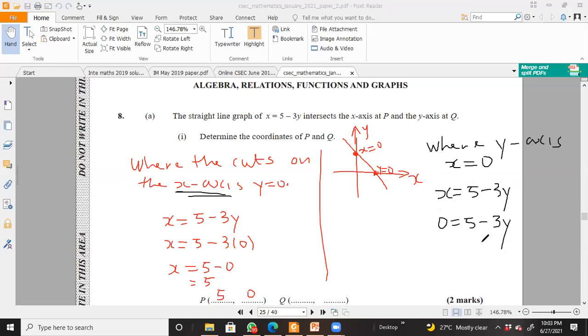Now remember that you want to find y, so move the 5 to this side. So it'll be 0 minus 5 is equal to negative 3y. So I'm going to get negative 5 divided by negative 3 is equal to y. All right, then we work that out now.